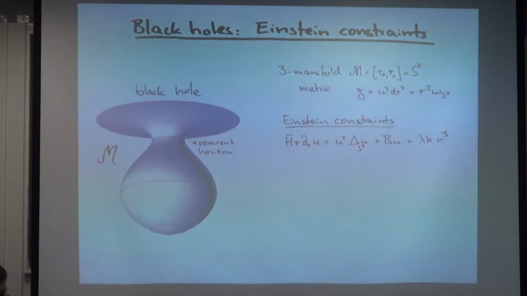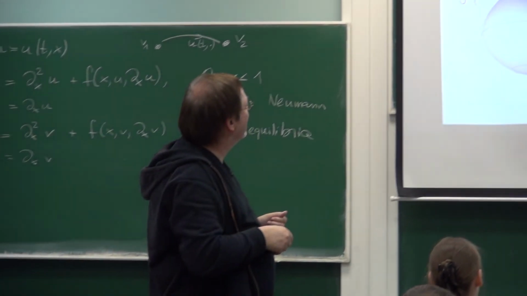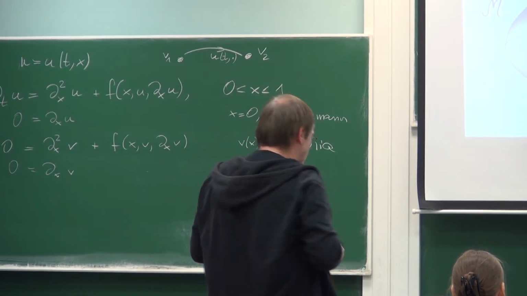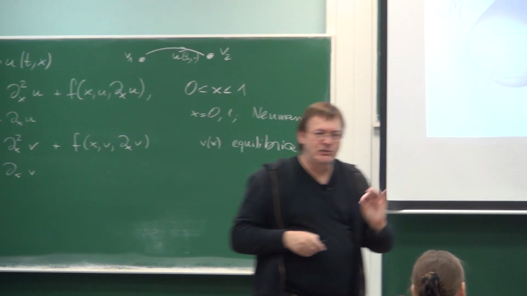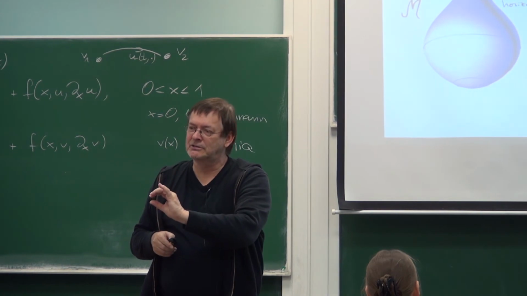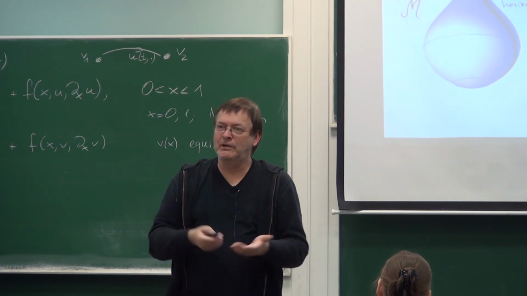Before we can start solving the Einstein equations, we have to solve something called the Einstein constraints. I have no clue, but I'm sure you could explain to us what these Einstein constraints really mean. I asked them to give me partial differential equations which formulate these Einstein constraints, which initial conditions for simulations of the Einstein equations would have to satisfy in order to be consistent.